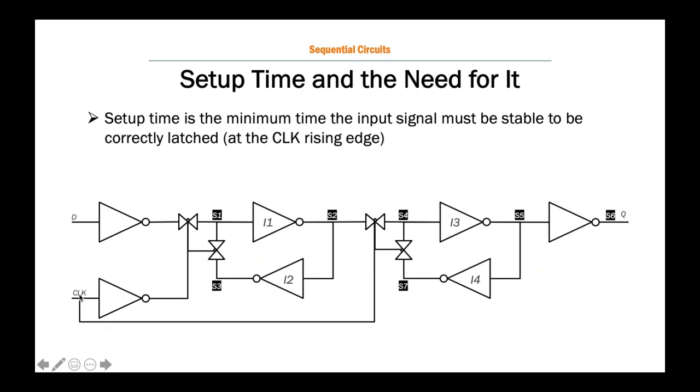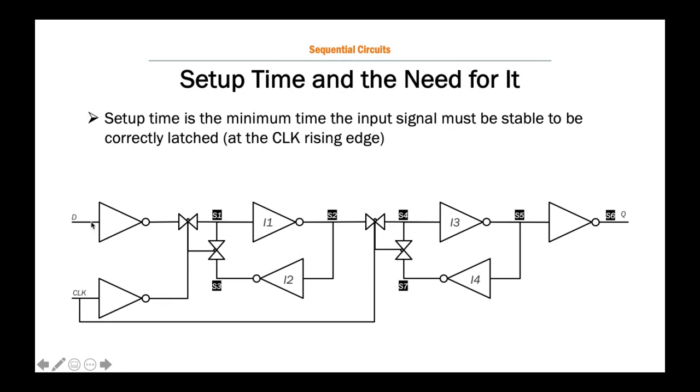So let's say at time T0, let's call it T0. At T0, which is the time the clock happened, I need the value of D to be copied to Q. But unfortunately, that's not the case. When you look at that circuit, you will find that the clock in here, yes, it comes fast and it opens that gate and closes this one and opens this one.